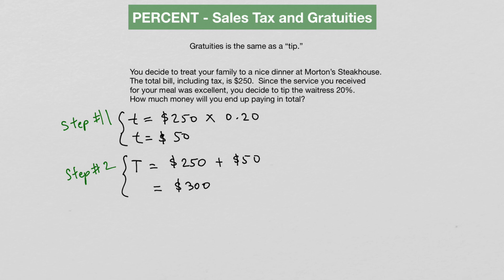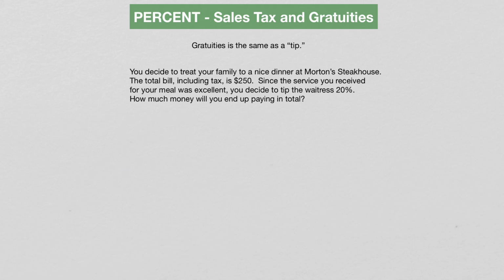So the second method is a one-step process, and I'll show you how to do that. So similar to the previous example on sales tax, we're going to find the total amount, capital T, is equal to $250.